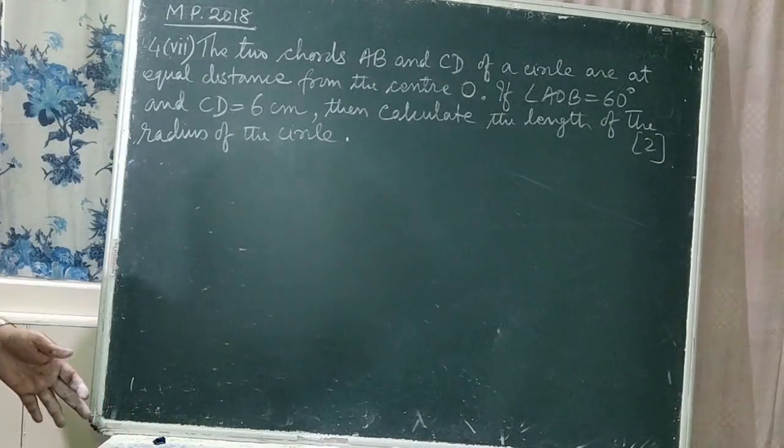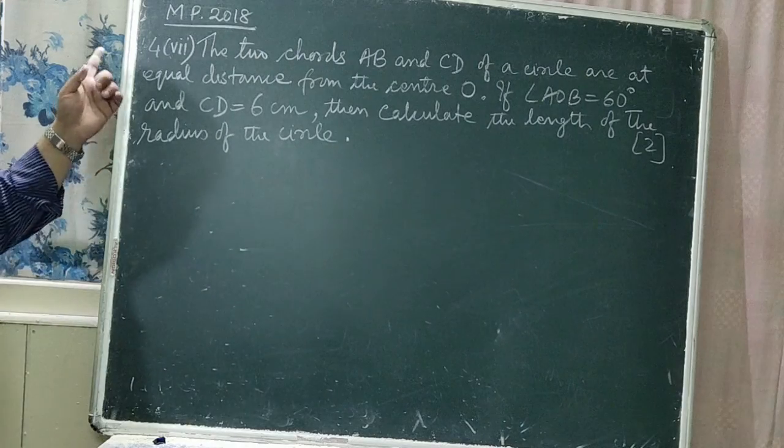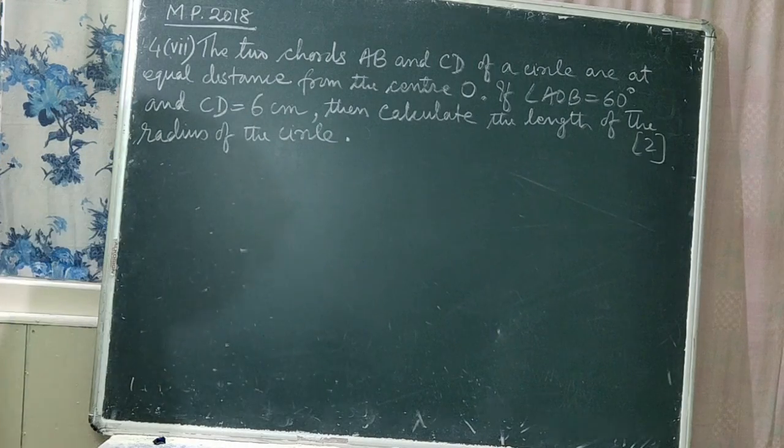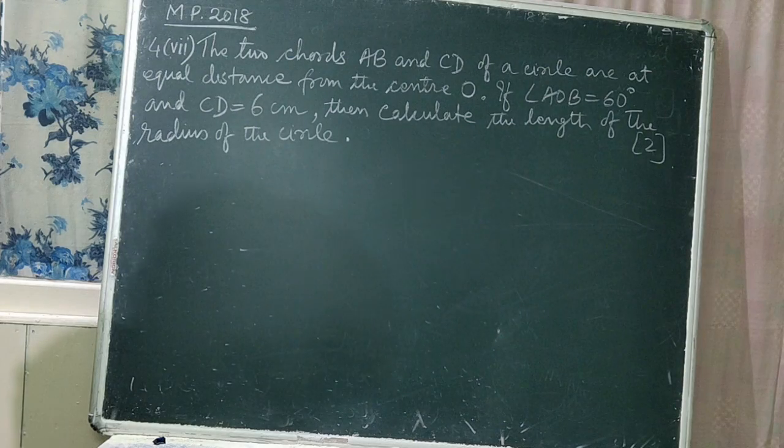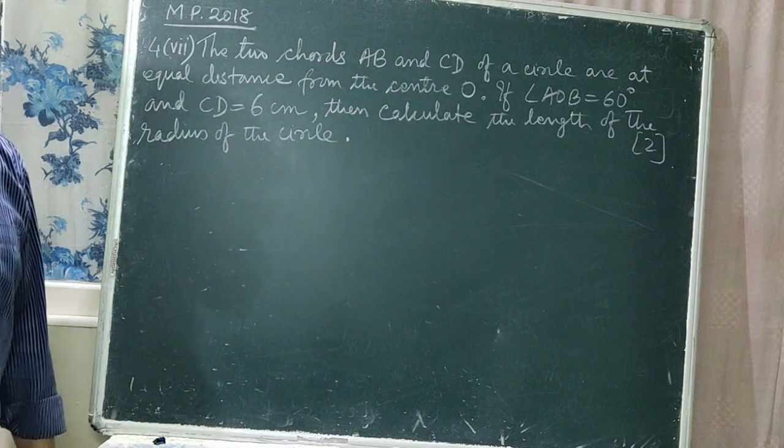Now we are doing the next question, that is from Madhyamik Question 2018, number 7. So this question also carries 2 marks. The question is, the two chords AB and CD of a circle are at equal distance from the center O. So in the circle there are 2 chords.